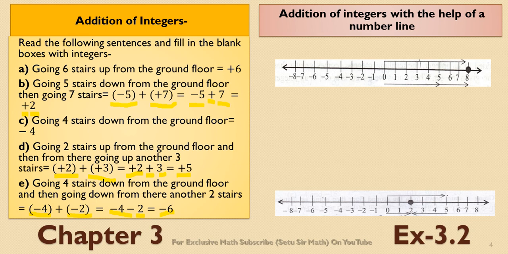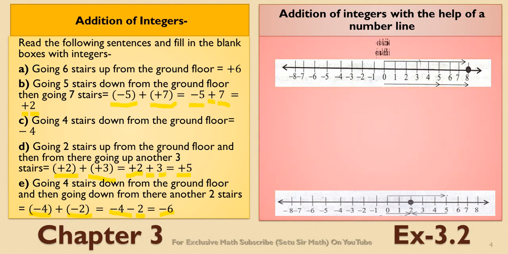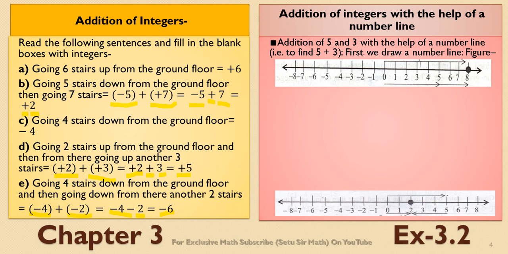Next, addition of integers with the help of a number line. As you can see, addition of 5 and 3 with the help of a number line. Here 5 is positive and 3 is also positive. First we draw a number line.